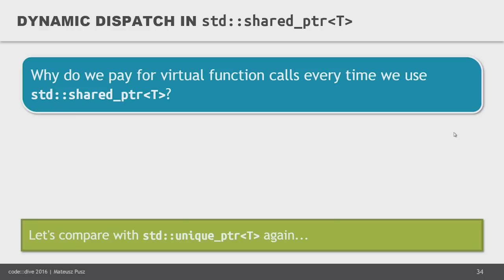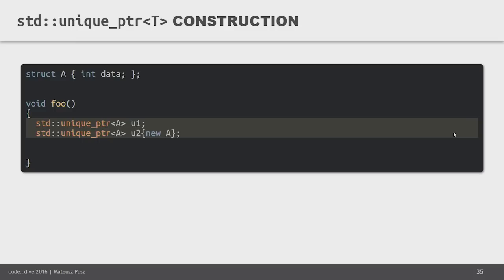Let's compare once again with unique pointer. This is how a unique pointer is being constructed, yes? It's a simple type. You just provide either a default constructed unique pointer or provide some allocated memory to it, and it's okay.